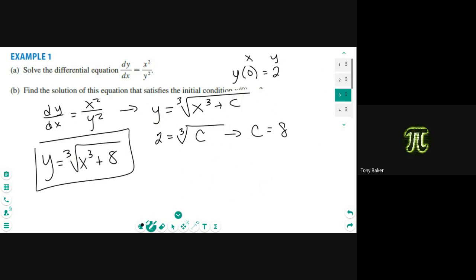Okay. Does that make sense? Kinda? Why are we solving for y there? Why are we solving for y? What's the point of it? Because then it's in terms of a function.